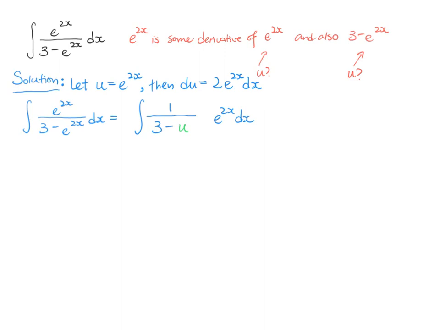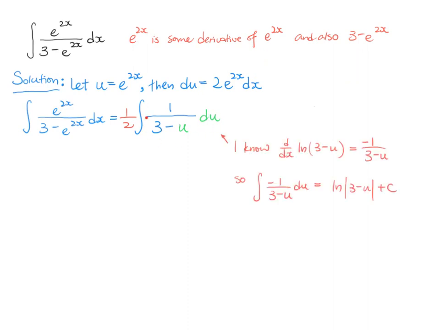On the other hand, if I pick this bottom e^(2x) to be u, I could actually proceed by adding a 2 here with this balancing factor. And this whole thing would be du. For this part, we know that the derivative of ln of (3 minus u) is 1 over (3 minus u), with a negative sign for the chain rule.